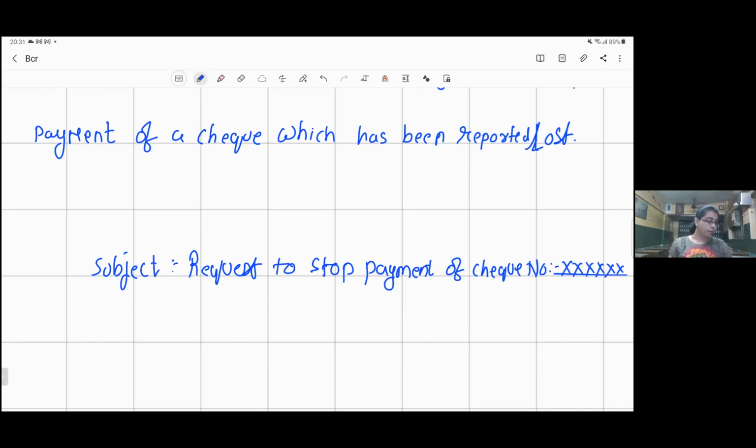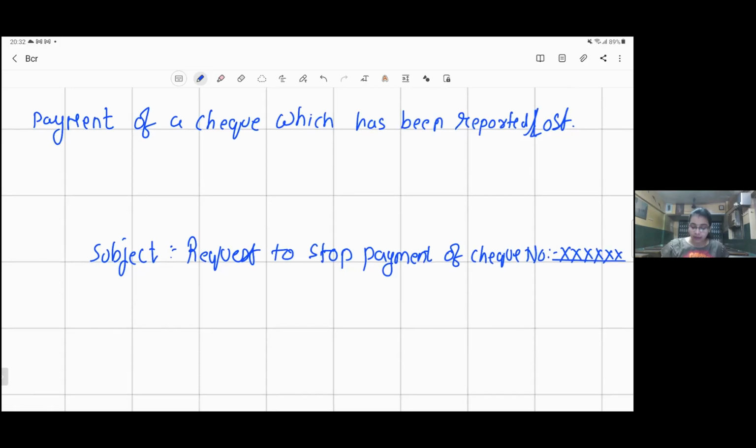Maintained by your branch. This check was issued to our vendor PQR Limited amounting to rupees 3 lakh, dated.